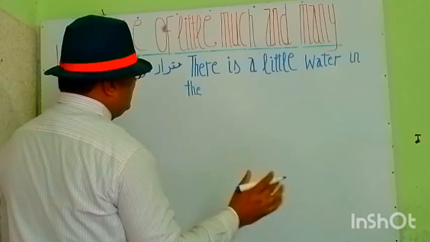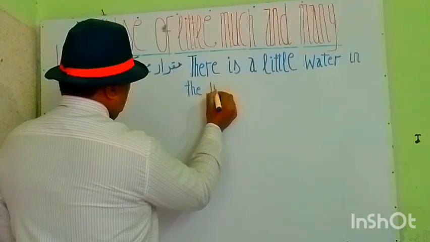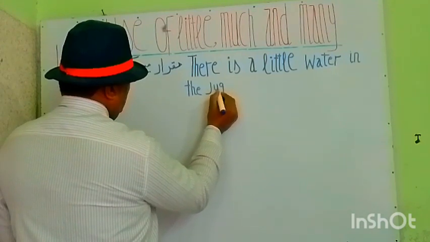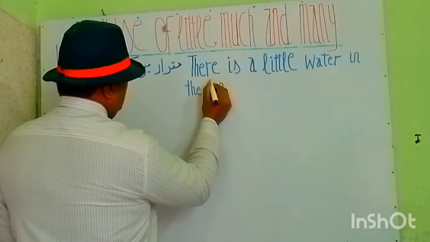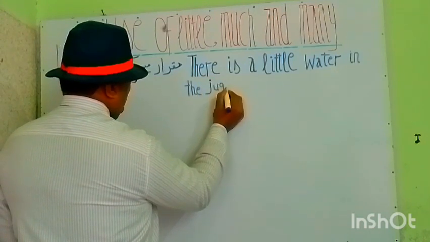This sentence explains the meaning of little. There is a little water in the jug. जग में थोड़ा सा पानी है, यानी जग में गुंजाइश के मुताबिक पानी की जो मिकदार है वो कम है.